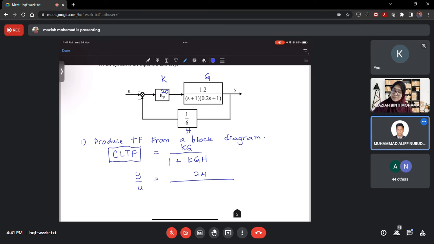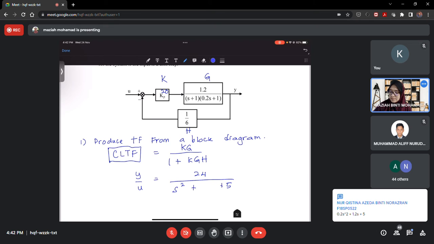Sekejap, apa ni? 5. S plus 1. Okay, and multiply with S square berapa? 0.2 S square. Total kan. Bagi yang final je. S square plus berapa S? Plus 5, I think.